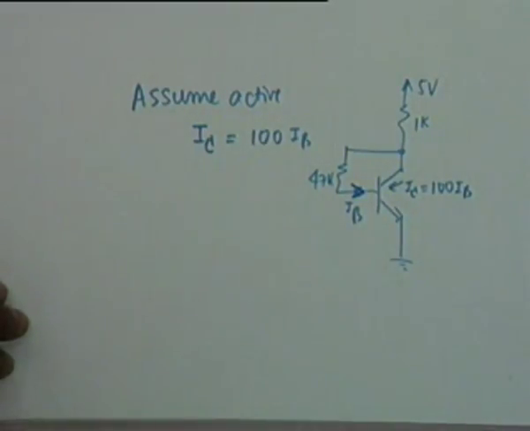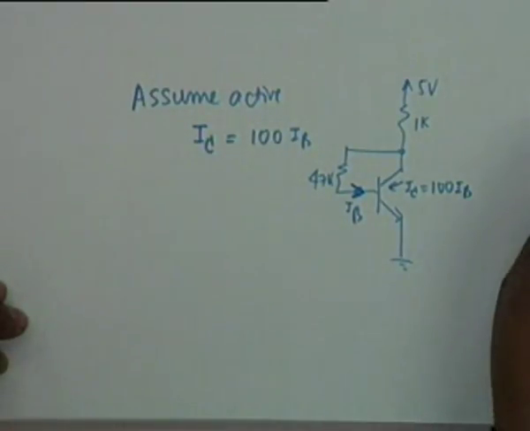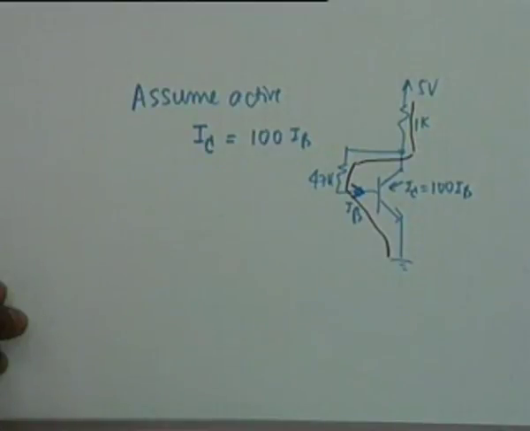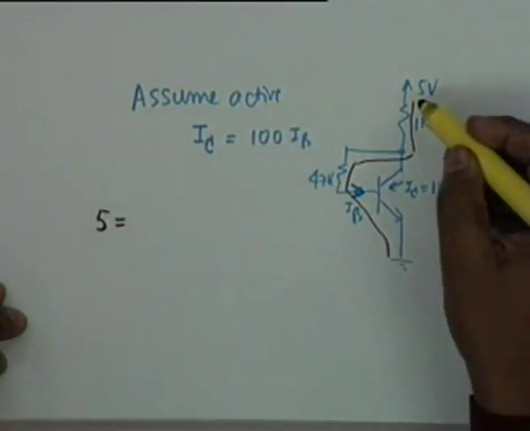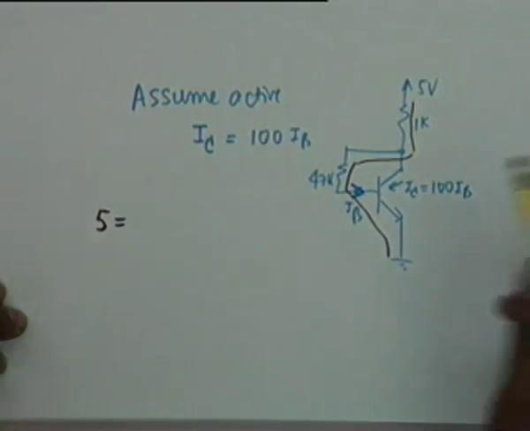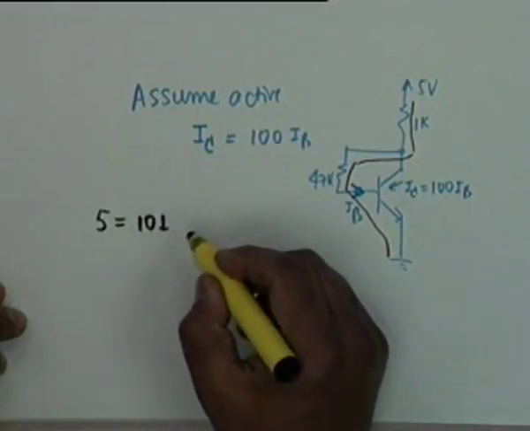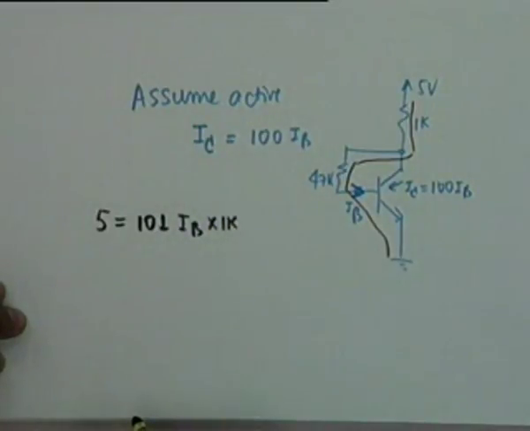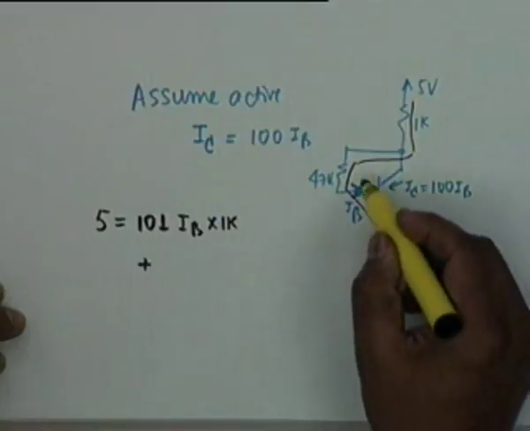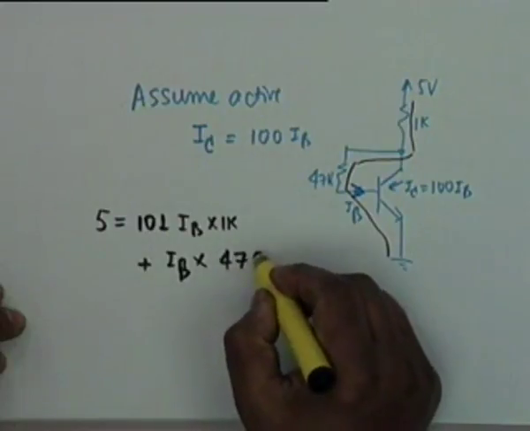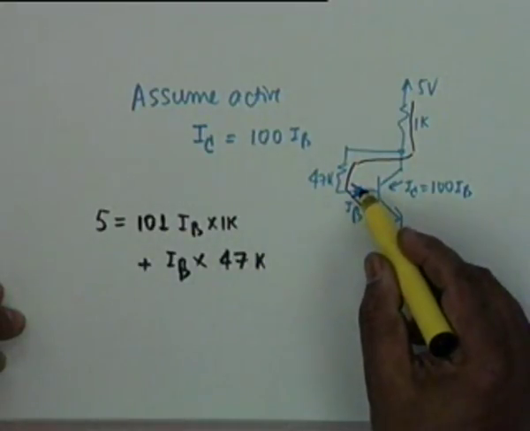Okay, so if I write KVL around this loop, then obviously 5 volt would be equal to, what is the current through 1K? 101 I_B, that's right, multiplied by 1K, plus the drop in 47K, which is I_B times 47K, plus the drop from base to emitter.